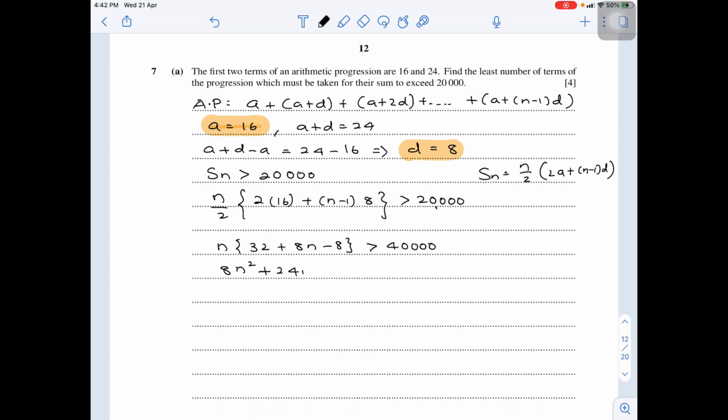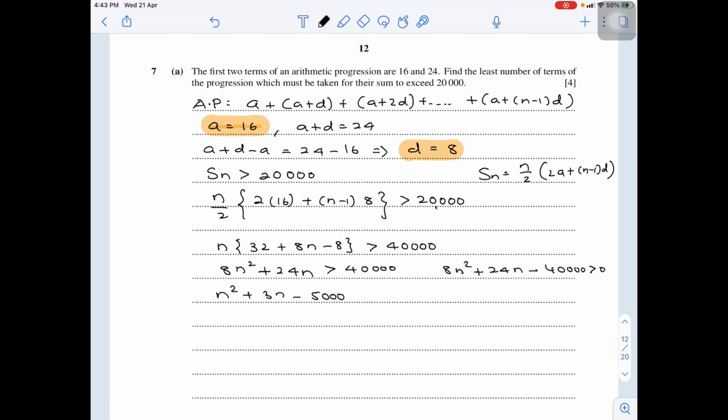So it's 8n squared, and 32 minus 8 is 24, so 24n is more than 40,000. I'm sending 40,000 to the other side. So that becomes 8n squared plus 24n minus 40,000 more than 0. I'm dividing throughout by 8.